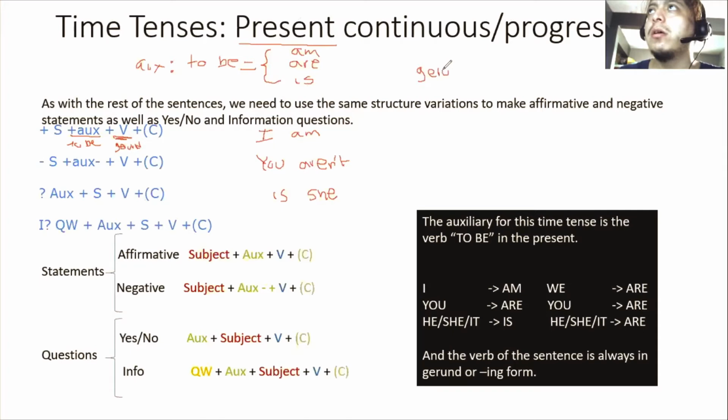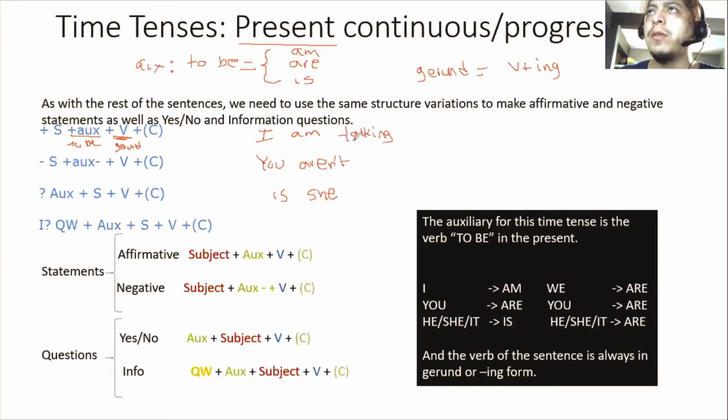Gerund is when the verb finishes with ing. So with continuous or progressive time tenses, in the case of the present continuous, the verb is always in gerund. The auxiliary is in the present, and it is conjugated to the person, and the verb is always with ing. So you say something like, I am talking.